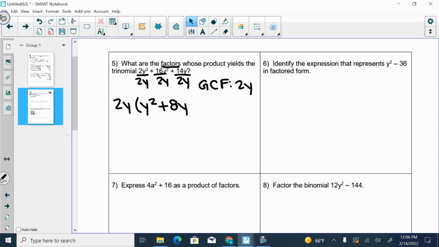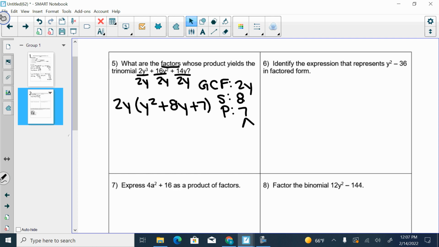And 14y divided by 2y, good. Remember, whenever you divide by a variable, you're taking one of the exponents away, basically. We had 3 here, took 1 out, left with 2. Had 2, took 1 out, left with 1.